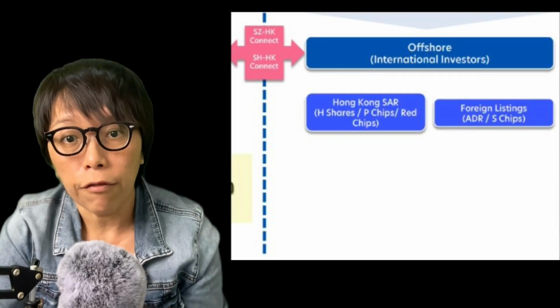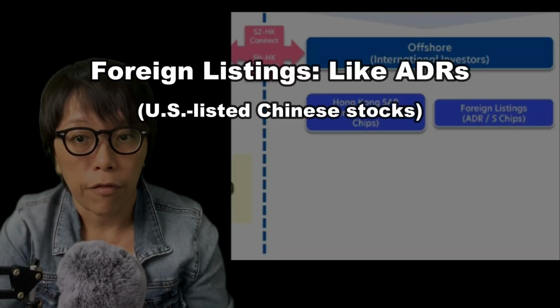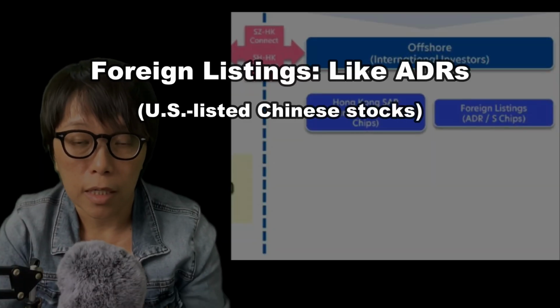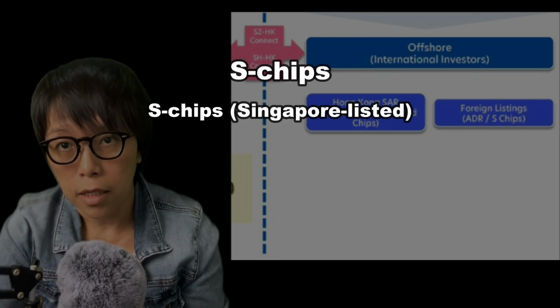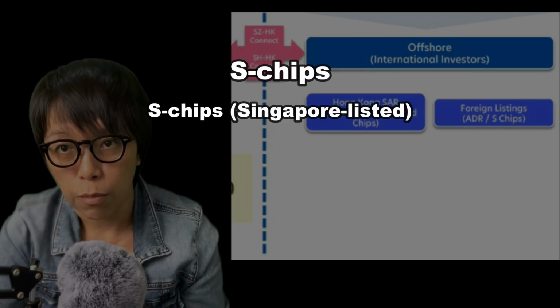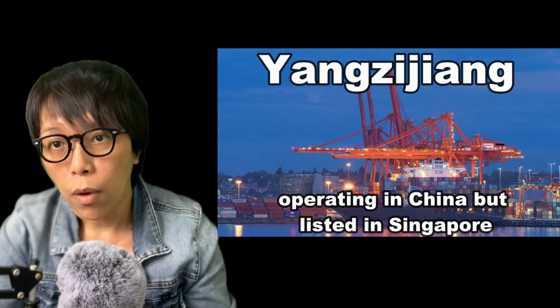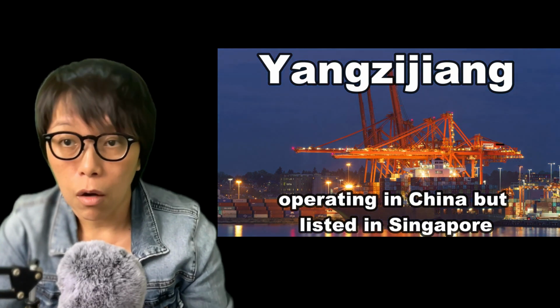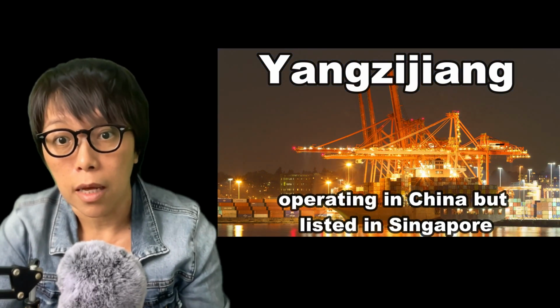Now, we do have foreign listings like the ADR. For example, you have Baba or JD.com that's listed on the Nasdaq, the US listed Chinese stocks. And lastly, we have the S chips, which are the Singapore listed. So for example, we have NIO that is dual listed here, or we have Yangzijiang that's also operating in China but listed in Singapore.